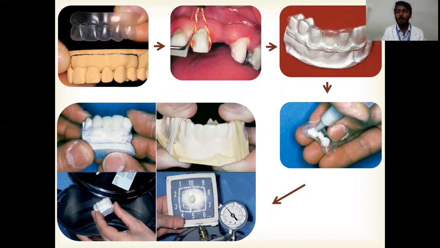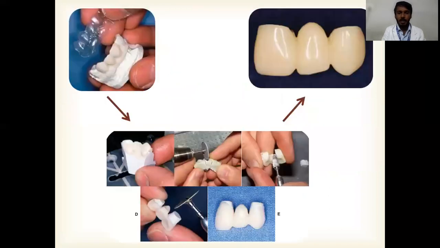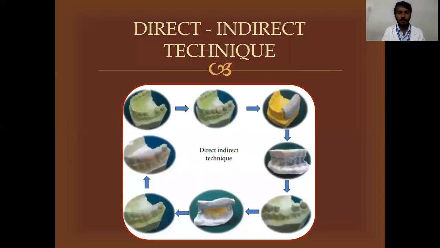After making the impression and pouring the cast, we will check for the fit of the template. If it is properly fitting, then we will apply the polymethyl methacrylate into the template and we will place it in the cast. And we can place it in the pressure bath for some 5 minutes. And after it is set, we will remove the template. We will take out the provisional restoration. We will trim the excess, polish it, and we will cement.